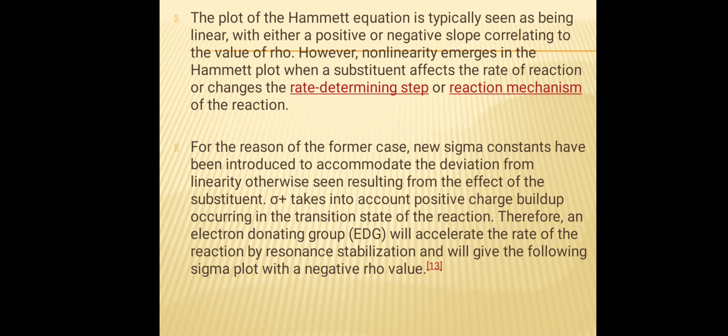That means when the electron donating group is attached to the ring, the rate of reaction is accelerated. The rate of reaction increases due to the resonance stabilization, but this is possible only when the electron donating group is attached.